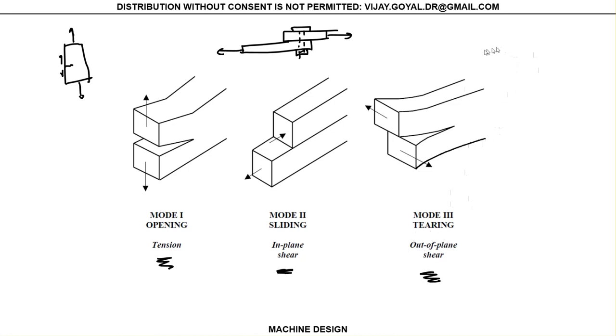One example could be an aircraft panel, in which I have a crack here and some pressure loads at the bottom, and another pressure and something holding this here so it will not deflect in this direction. So I have pressure loads going in this direction and that direction. The crack is going to make me want to go one direction and another direction, creating mode 3, which is tearing.